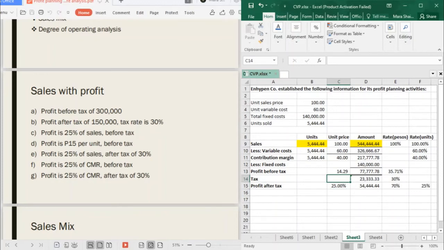Now, as to the percentage, that is where we made a mistake earlier. Okay, let's try to solve it using the percentage.